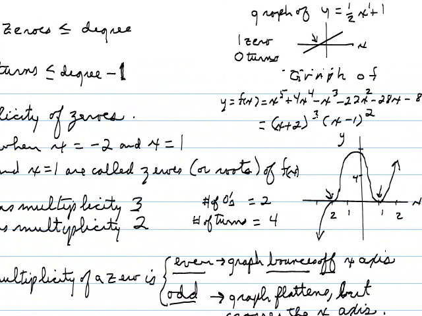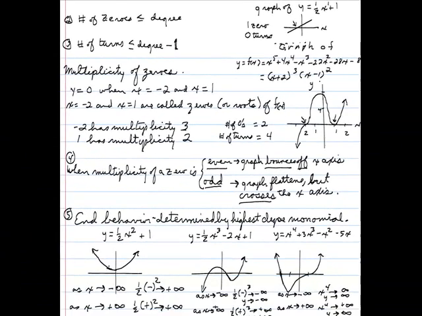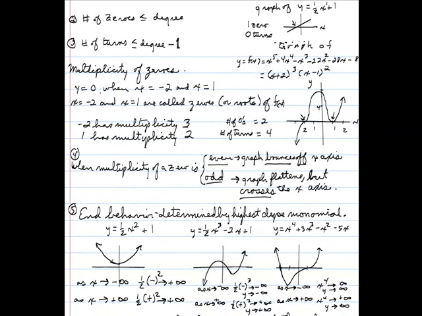So we say it has multiplicity 3. And the 0 x equals 1, we say has multiplicity 2 because we have 2 factors of x minus 1. So y equals 0 when x is negative 2 and x is 1. So x is negative 2 and x is 1 are called the zeros of f of x. Negative 2 has multiplicity 3, 1 has multiplicity 2.